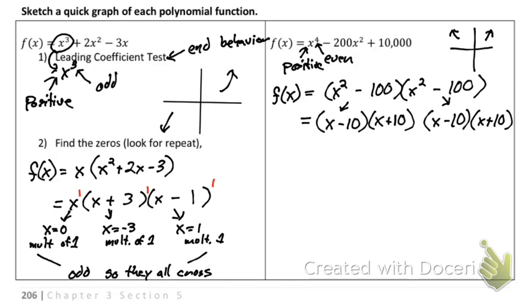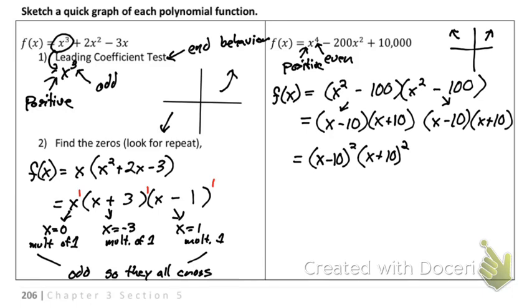If I say x equals 10 is a 0, x equals 10 is a 0 is also here. That's multiplicity of 2. If we look at x equals negative 10, this is also an x equals negative 10. That is also a multiplicity of 2. So either you can recognize that x equals 10 happens twice, and x equals negative 10 happens twice, or you can rewrite this further and go, well, this is just x minus 10 squared times x plus 10 squared.